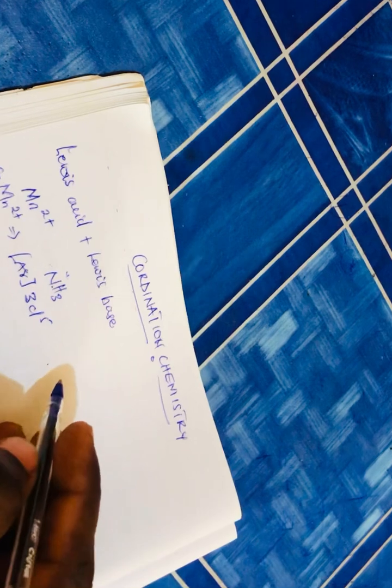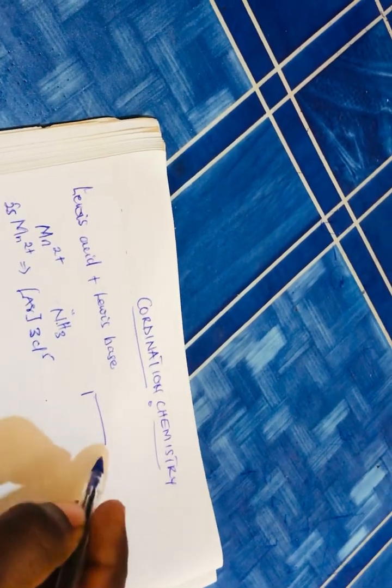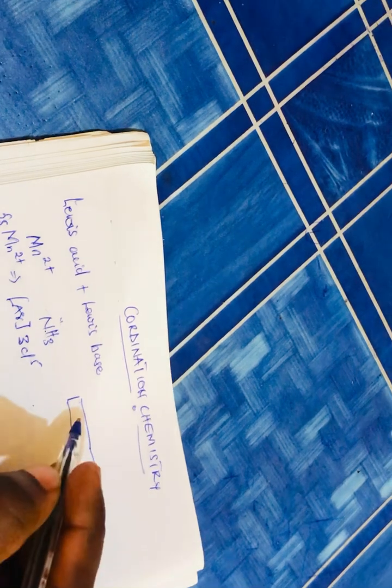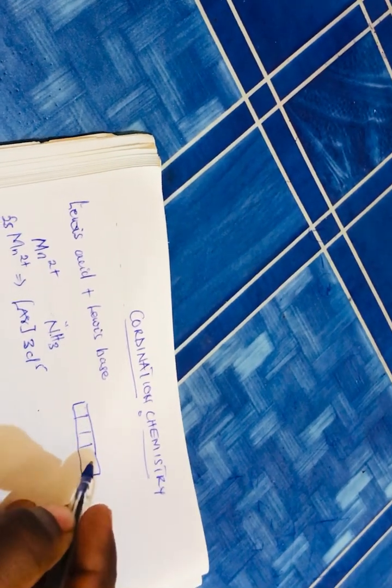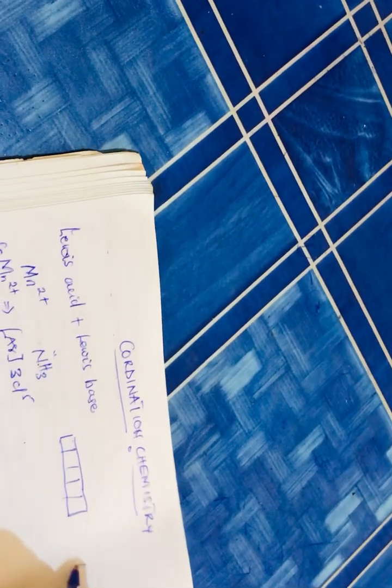Now let's look at the d orbital. The d orbital goes like this: 1, 2, 3, 4, and 5. Now this is ammonia.